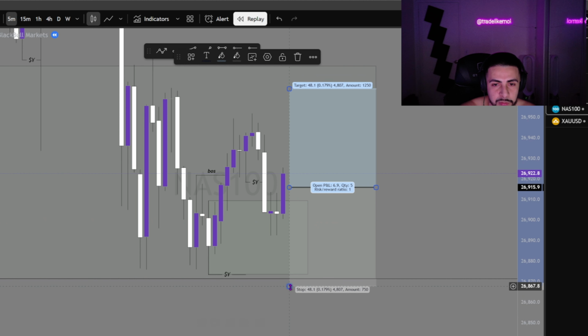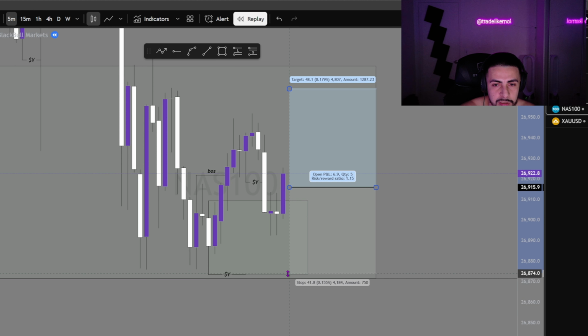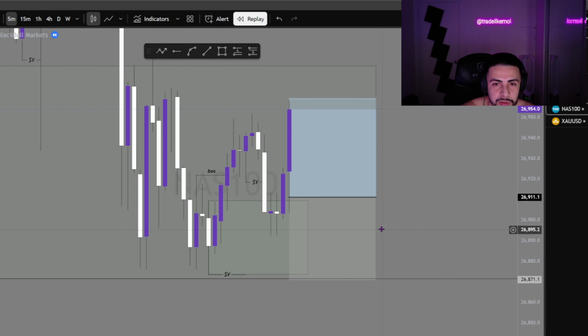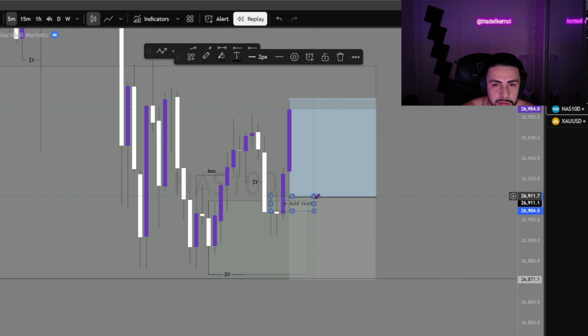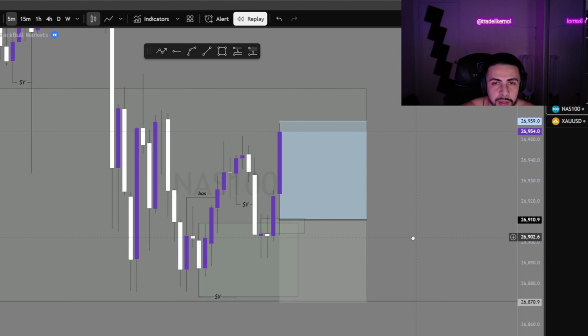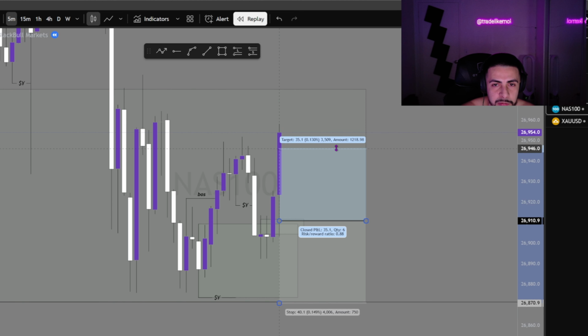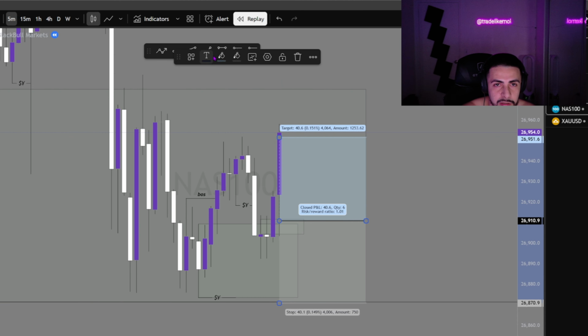Obviously, we wait for a small pullback. At least use 40 pips. Okay, wait for a small pullback. Boom, there it is, right? There's your pullback into this area. Get the pullback, 40 pips, and already hit 1-to-1, right?